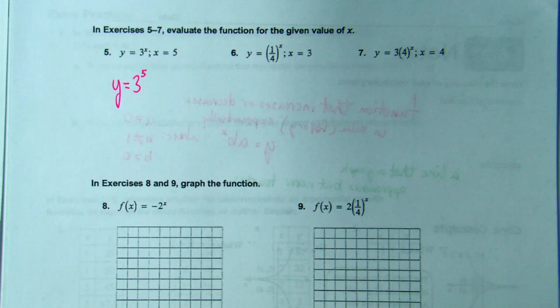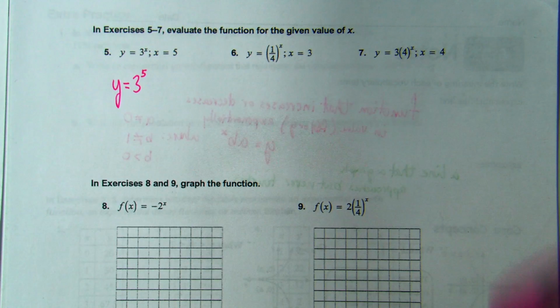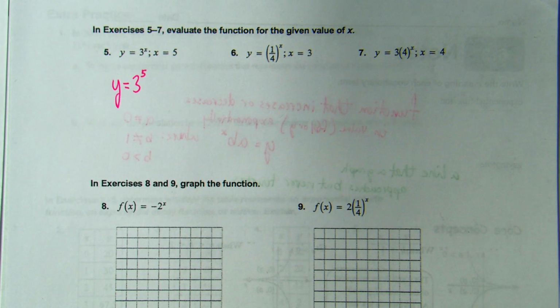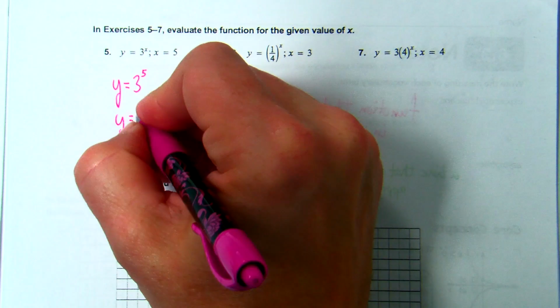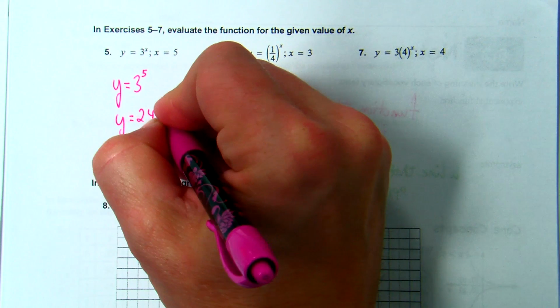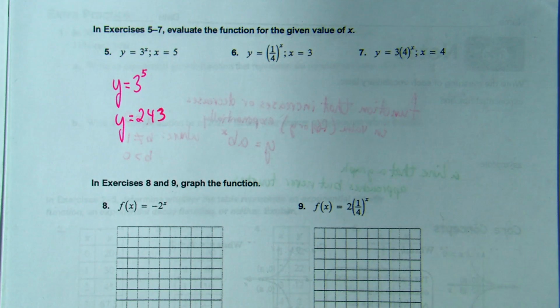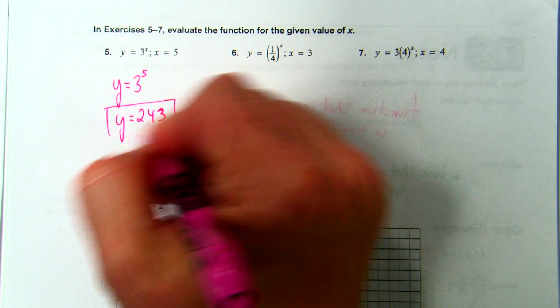So we put raised to the power of 5. When we put this in our calculator, we end up getting a value of 243. And so, that's easy. Nothing more to be done here. We just raise 3 to the power of 5. We get 243. And that's our answer.